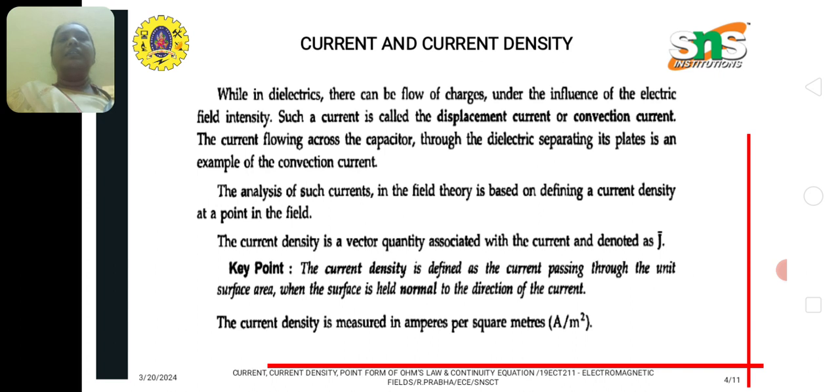And current and current density. While in dielectrics there can be a flow of charges, under the influence of electric field intensity, we have the current called displacement current or the convection current. And the current density is a vector quantity, denoted by the letter J, measured in the unit amperes per meter square.